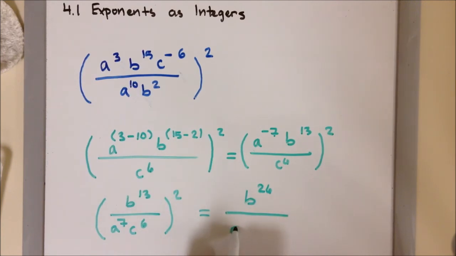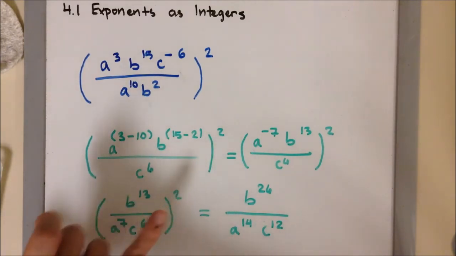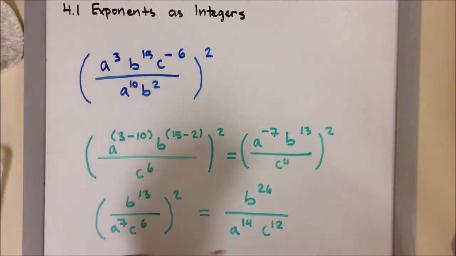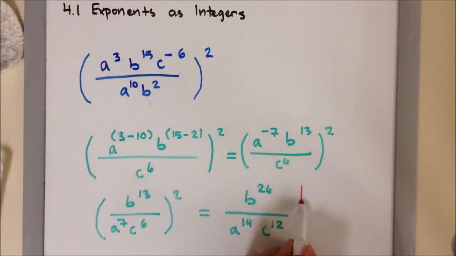Now for my a, it's going to be 7 times 2, which is to the 14th power. And then my c, 6 times 2 will be to the 12th power. So my final answer is b to the 26th power over a to the 14th power times c to the 12th power. And that will be my final answer.